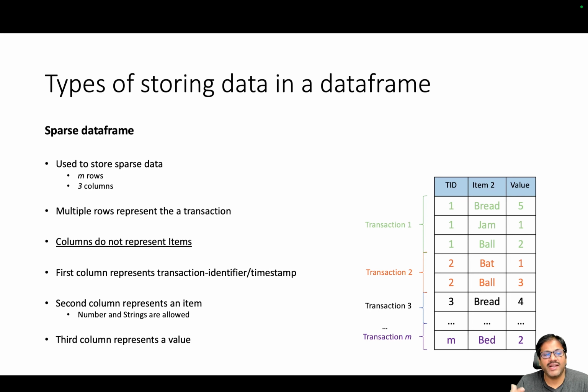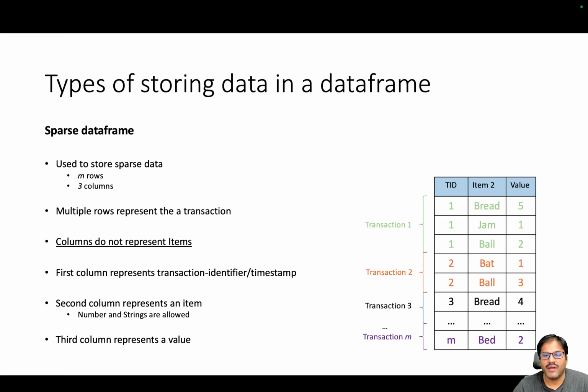In a sparse data frame, multiple rows represent a single transaction. For example, you can see in this figure that the first three rows whose TID is 1 actually represent a single transaction. Similarly, in the sparse format, columns do not represent items.